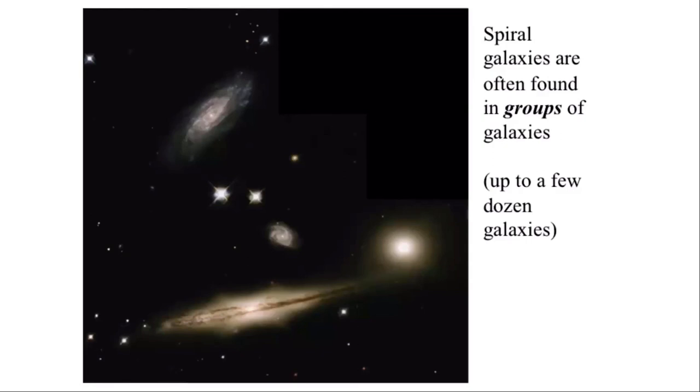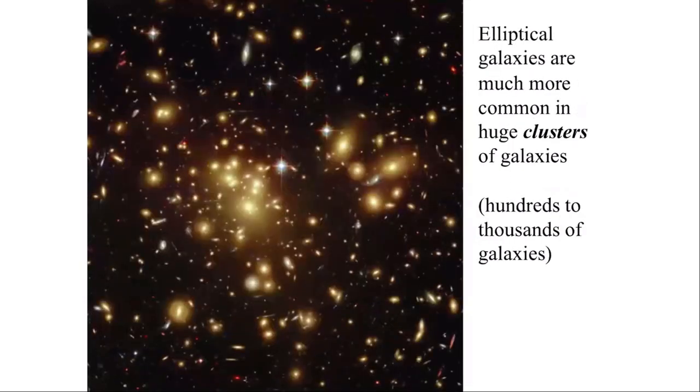Whereas elliptical galaxies are much more prominent in huge clusters of galaxies, where you have hundreds to thousands of galaxies. Here's such a cluster of galaxies. And you can see most of these are elliptical galaxies. And most of them are quite large compared to even the spiral galaxies that are in this particular field.